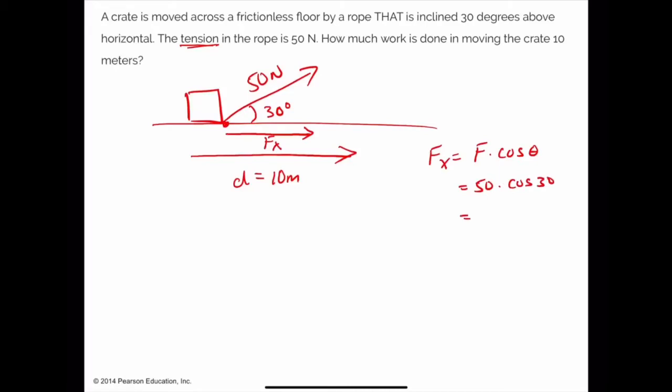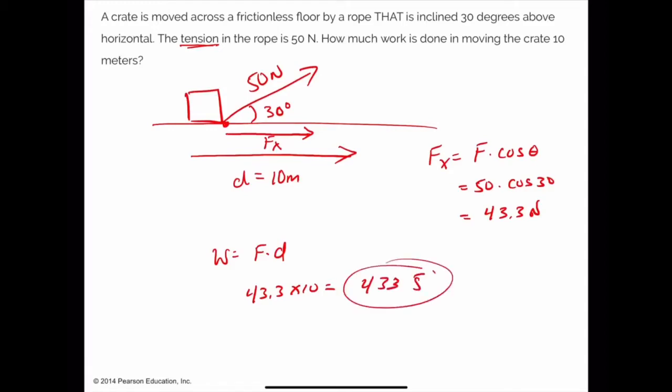Plug that into the calculator. I end up with 43.3 newtons, and so work equals force times distance. 43.3 times 10 is 433 joules. Final answer.